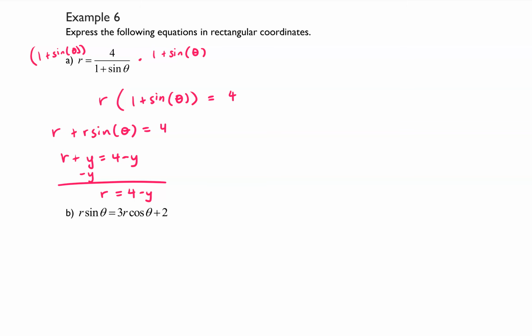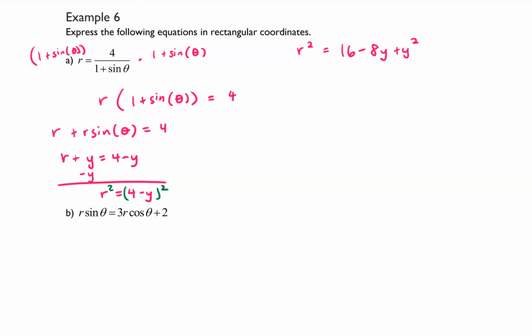In order to be in rectangular coordinates, we cannot have r, and so from here, what I'm going to do is I'm going to square both sides of the equation so that we can eventually get rid of the r. So the left-hand side will be r squared, and if I square 4 minus y, I would need to FOIL that, and that's going to end up being 16 minus 8y plus y squared.